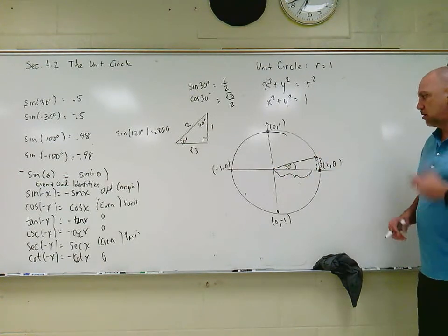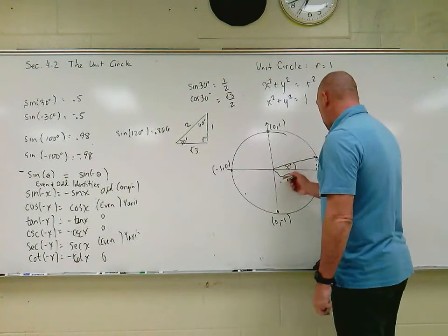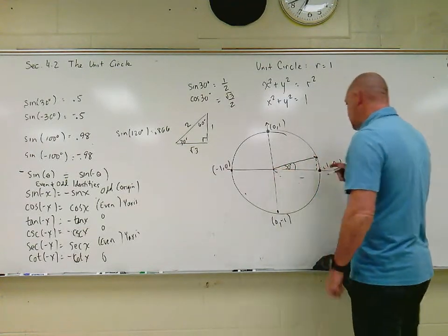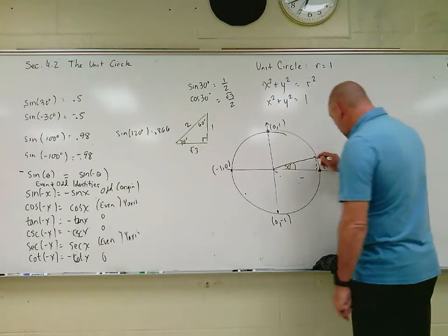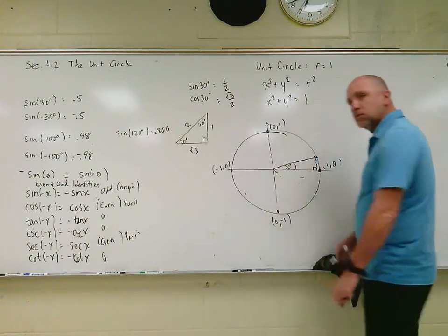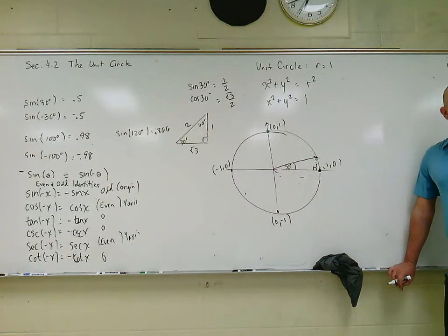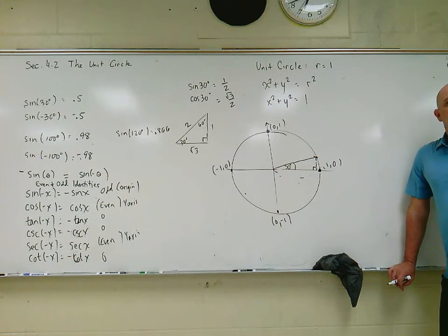All right, so what are my steps? I have my 30 degrees. Step 1, draw the angle. I did that. Step 2, draw a perpendicular. There's that. Okay, good. What's step 3? If you don't know, get your recipe out. Find the reference angle.